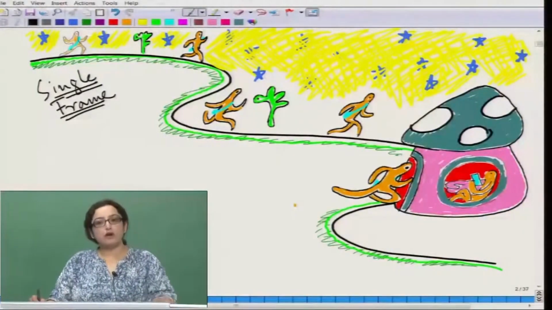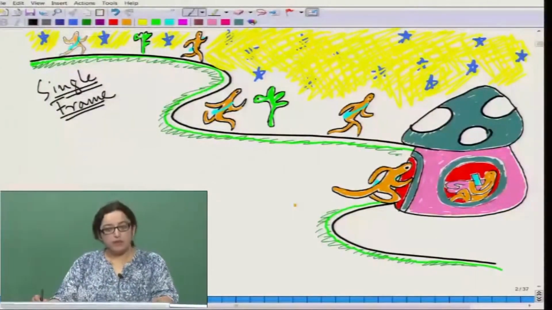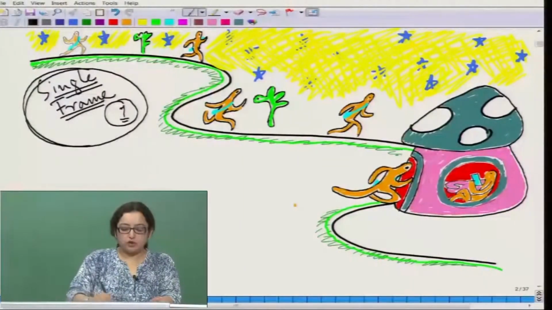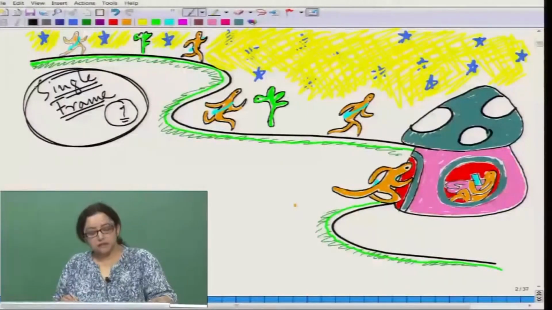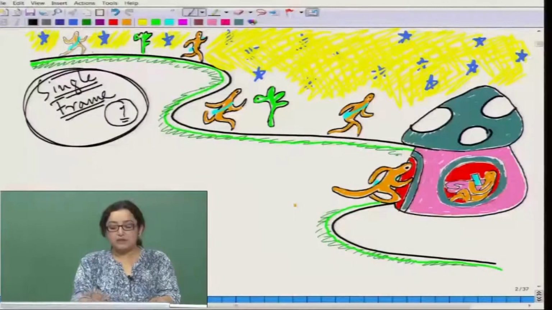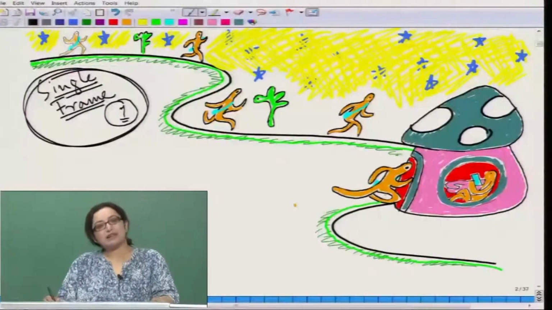So, instead of having all those 6, 7 frames, we are trying to combine all those 6 frames or 7 frames into one frame. So, it is the single frame that we are talking about. What we get to see in this single frame is the person who is walking. Is the same person repeated in the figure, but we read it as a single person.